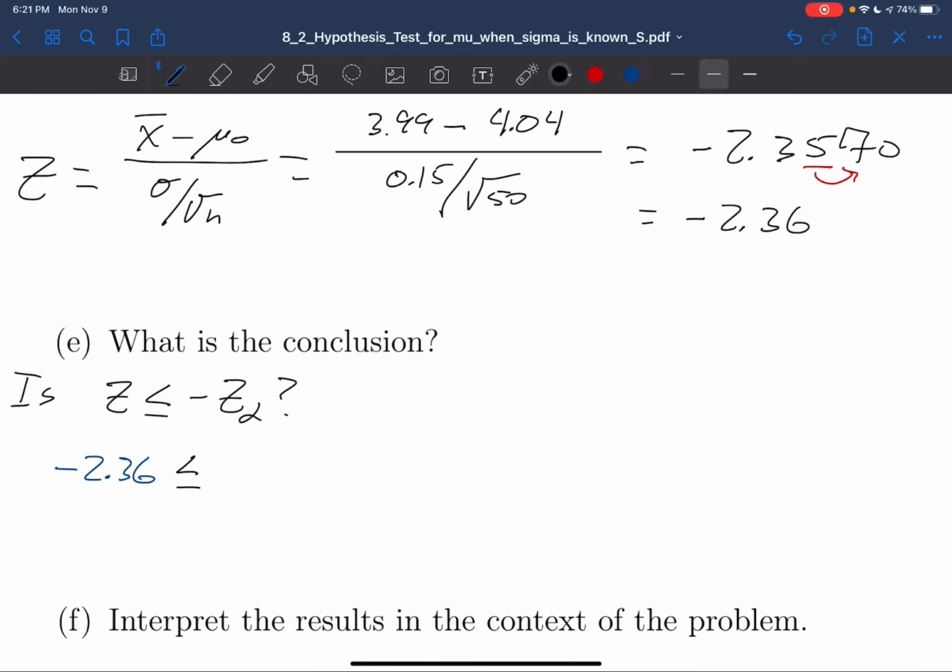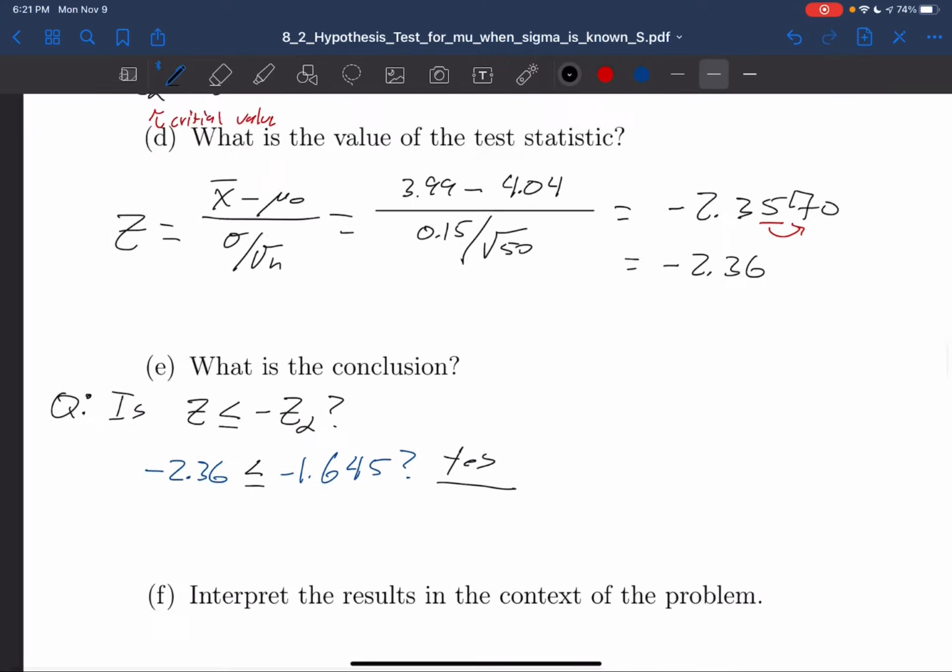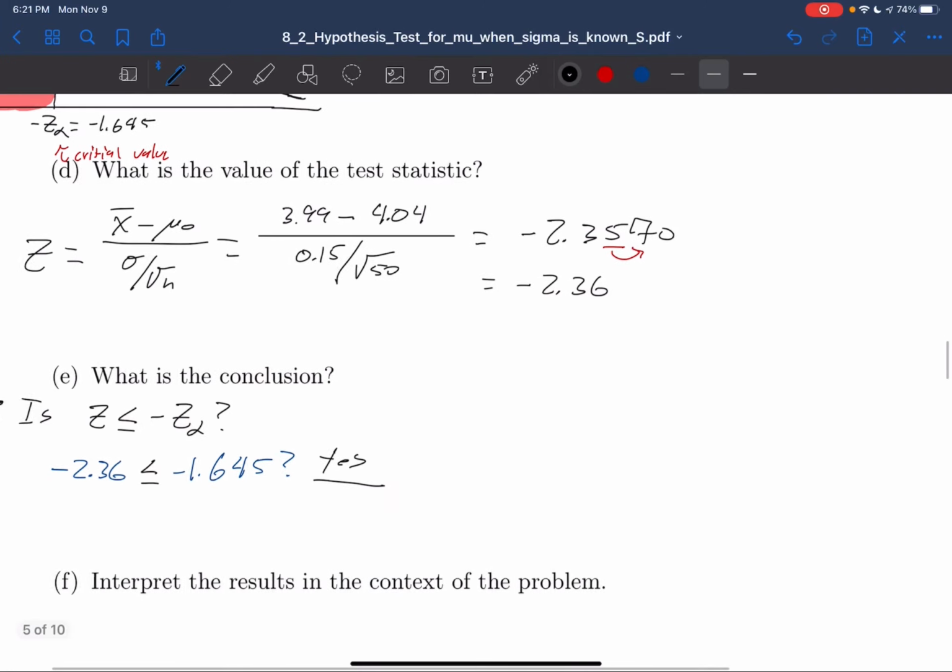So is this true? Is negative 2.36 less than or equal to negative 1.645? And the answer is yes. Yes, it is. Yay.